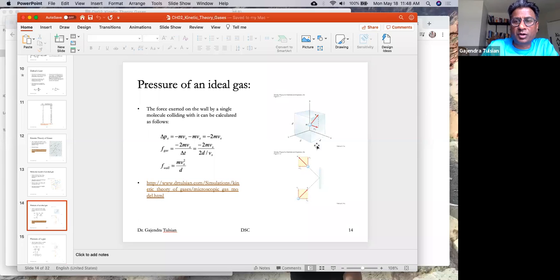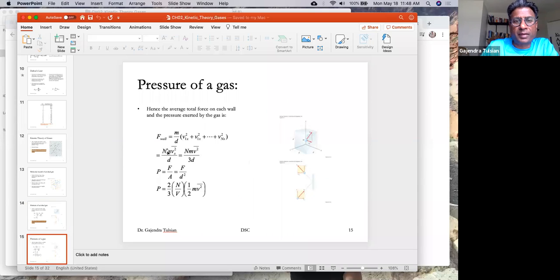If you go through all that derivation, the pressure is the force that the gas exerts divided by the area of the walls, and it works out to be 2/3 N over V, where N is the number of gas molecules and V is the volume of the chamber. This is the number density of the gas molecules times the average kinetic energy per molecule.